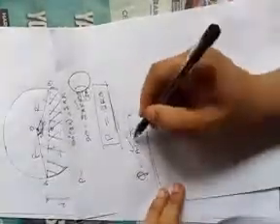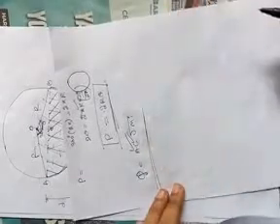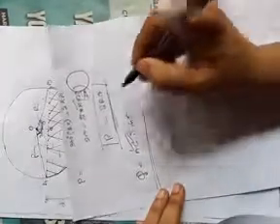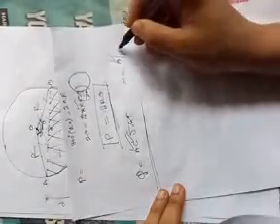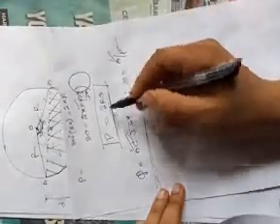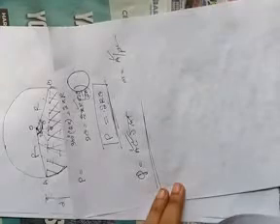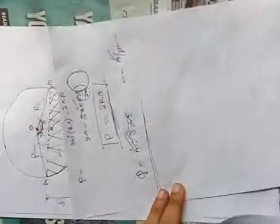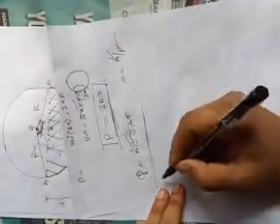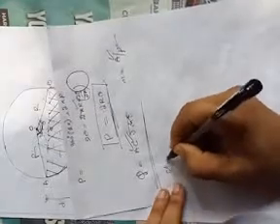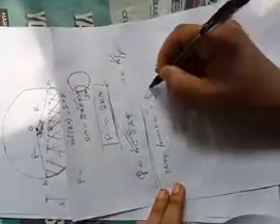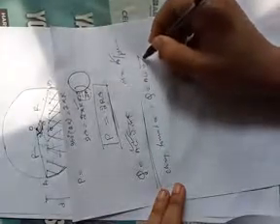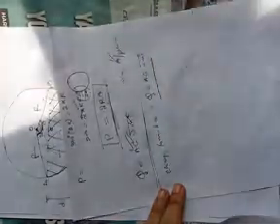C is the Chezy's constant, and m is the hydraulic mean depth, m equal to A by P. The wetted perimeter is equal to 2 r theta, and i is the bed slope of the channel. So by using this Chezy's formula, Q is equal to AC root over mi, you can find the rate of flow of a circular channel.